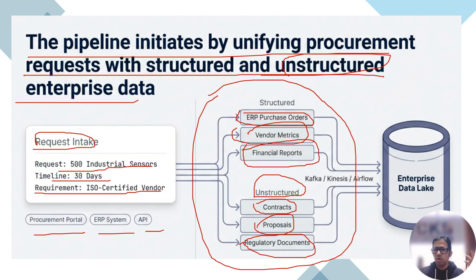And if we only use documents, we miss spend history and supplier performance. Now look at the right side. See this one: Kafka, Kinesis, Airflow. This is the ingestion pipeline layer. Streaming plus batch workflows.